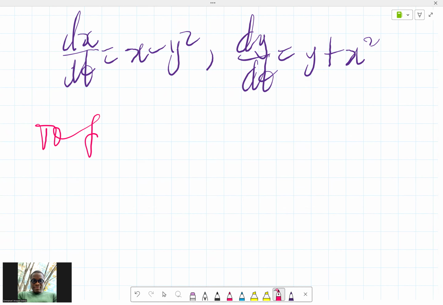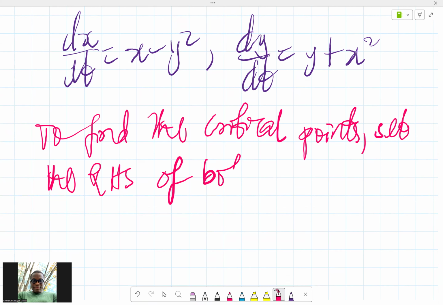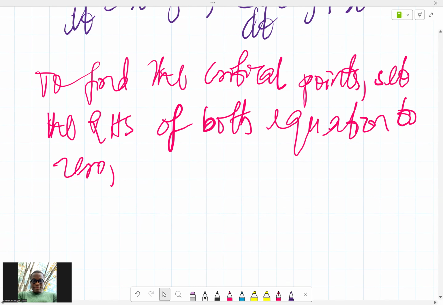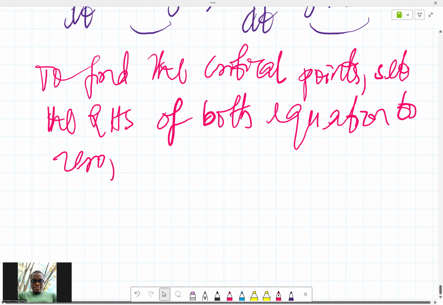To find the critical points, set the right hand side of both equations to 0.